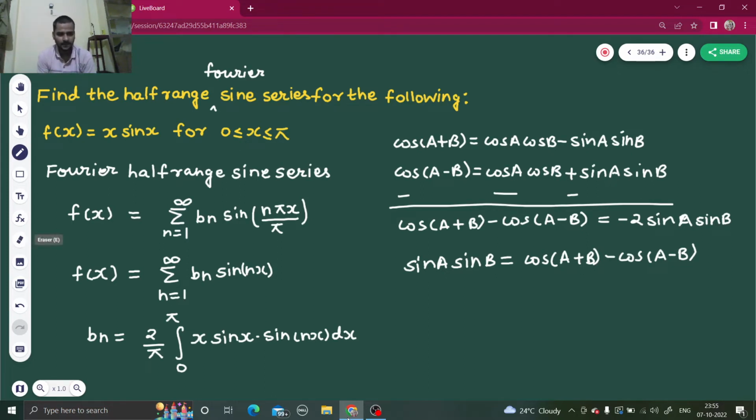Sorry, it will be negative, so it will flip. sin a sin b equals cos(a-b) minus cos(a+b) divided by 2. Okay, cos(a-b) minus cos(a+b) divided by 2.